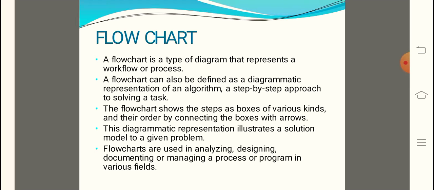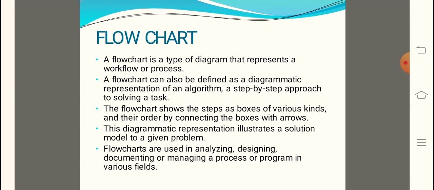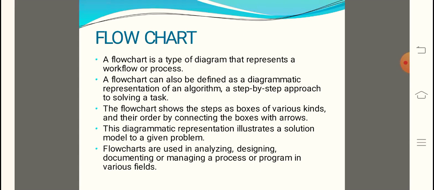Here we are going to see about flowchart. Flowchart is a unit of description. A flowchart is a type of diagram that represents a workflow or process. A flowchart can also be defined as a diagrammatic representation of an algorithm, a step-by-step approach to solving a task. The flowchart shows the steps as boxes of various kinds, and they're ordered by connecting the boxes with arrows.